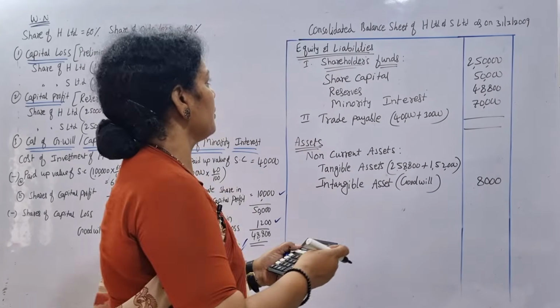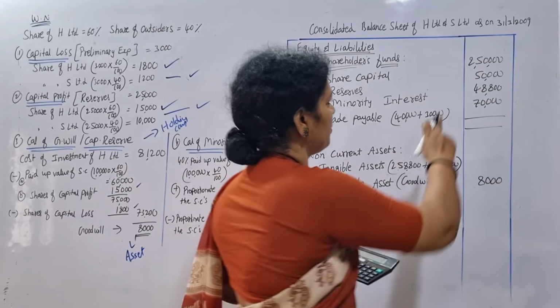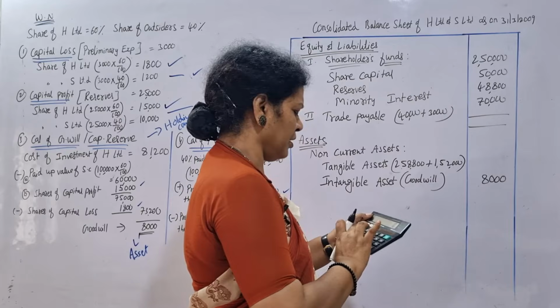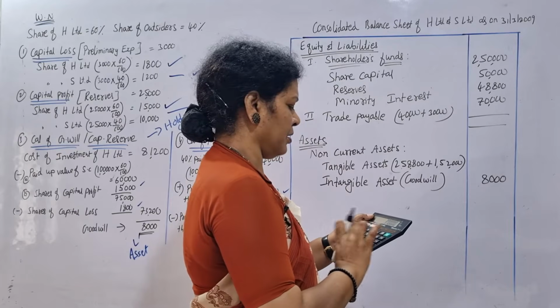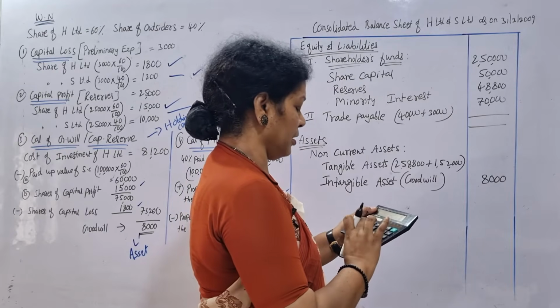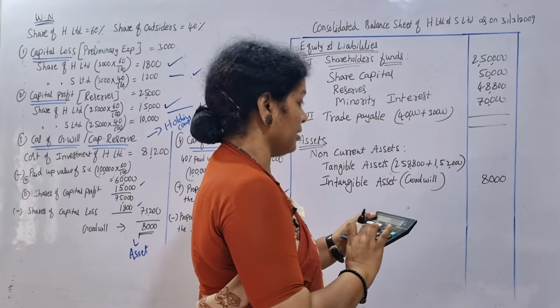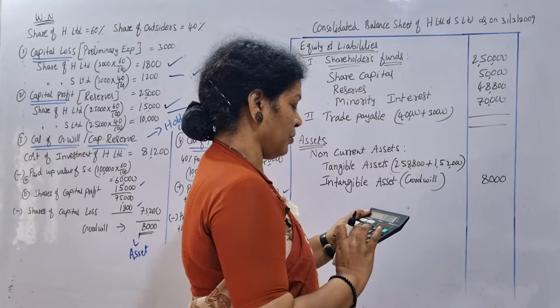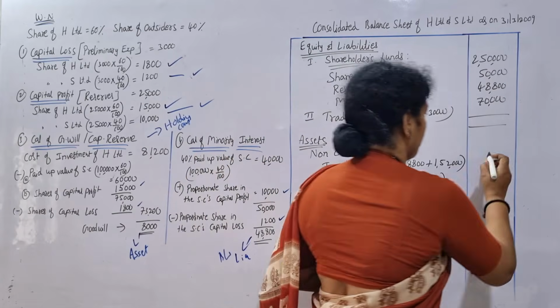First of all, if you see the equity and liabilities, 2 lakh 50 plus 50 means 3 lakh. 3 lakh plus 3 lakh 70, oh sorry, 3 lakh 70 plus 48,800, that is 4 lakh 18,800.